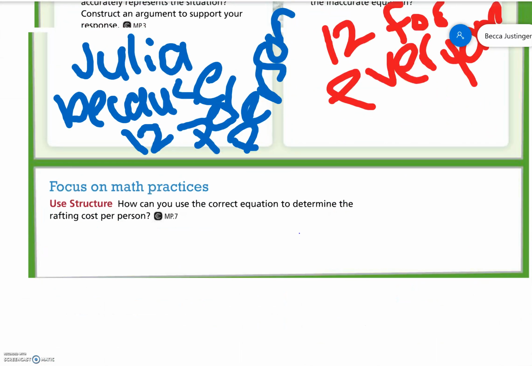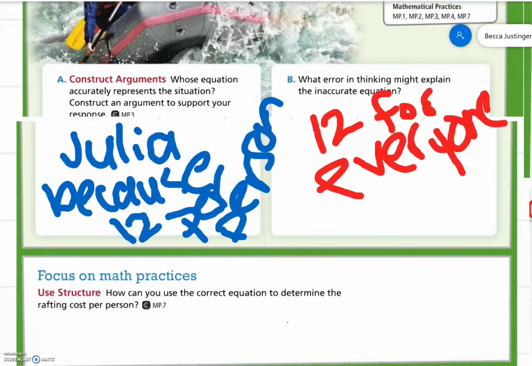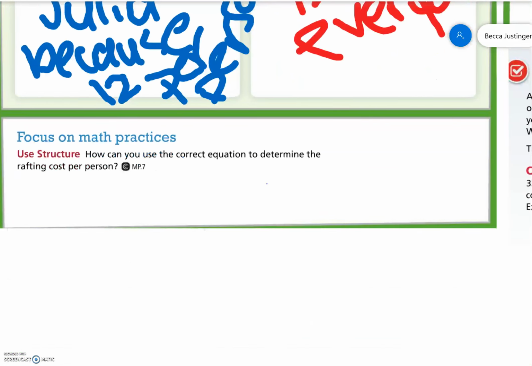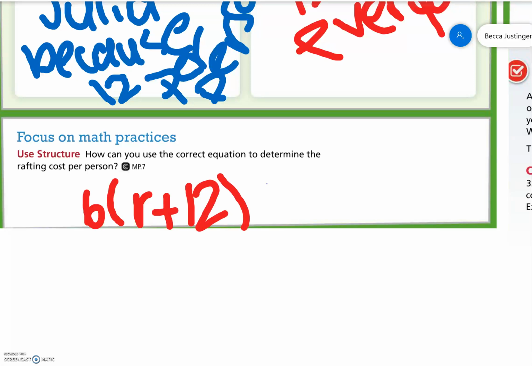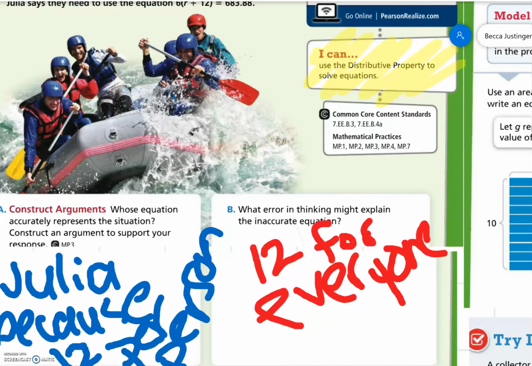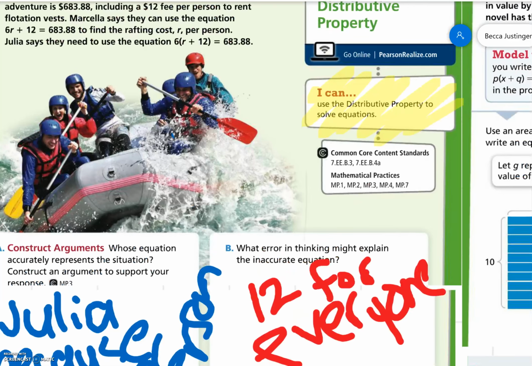All right, how can you use the correct equation to determine the rafting cost per person? So we'll rewrite the right equation. 6 times (r plus 12) equals 683.88.